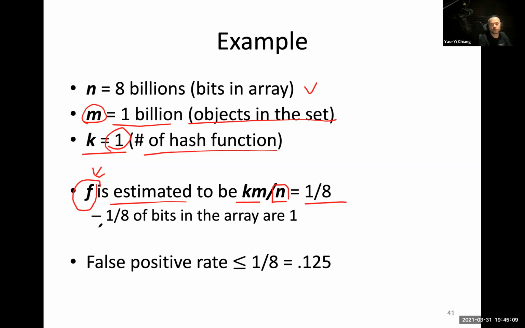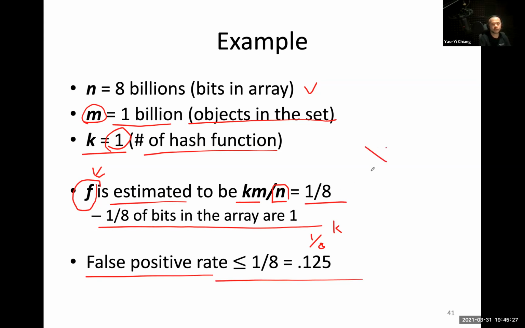So at most, 1/8 of the bits in the array is 1. And your false positive rate is 1/8 to the power of k, and it's 0.125, right? So this means every time a new x comes in, the probability of saying yes, so your false positive rate is definitely going to be smaller than or equal to this.